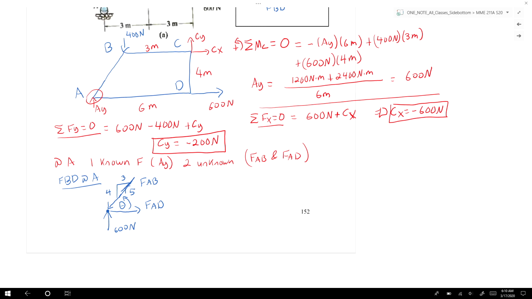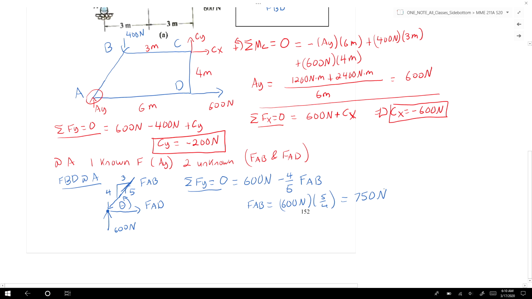So we'll start with the sum of all the forces in the y direction at the joint have to be equal to 0. In that case, we have our 600 newton force minus 4/5 times FAB. If we rearrange that, we get FAB equal to 600 newtons times 5/4. That would be 150 times 5, which would be 750 newtons.